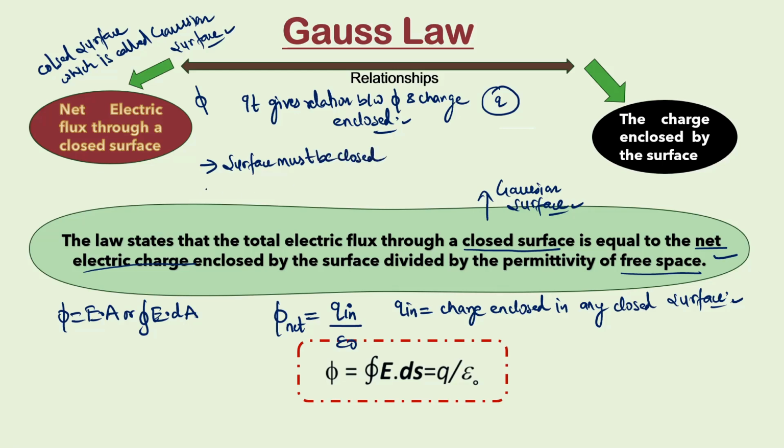Second, there should be a charge inside the closed surface. If these two conditions are fulfilled, then we can apply Gauss law. So we are going to see the derivation of this formula.